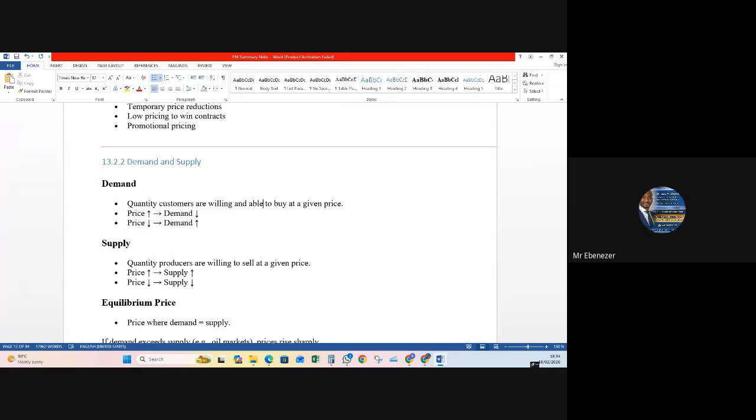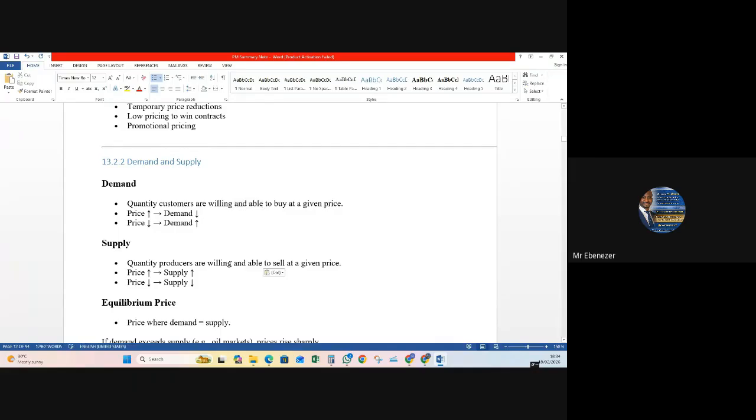Now, the higher the price, the lower the quantity demanded. That's the general law of demand. And the lower the price, the higher the quantity that will be demanded. Now, supply is that quantity that producers are willing and able to also sell. Right?